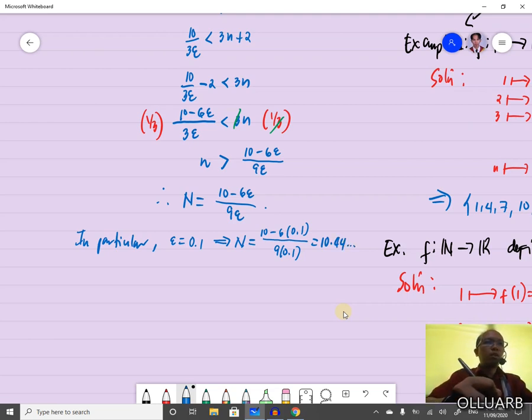So meaning to say, we can choose our small n to be 11 or 12, and so on. Meaning to say, when n is equal to 11 or 12, then the absolute value of the sequence a sub n minus l is less than epsilon.